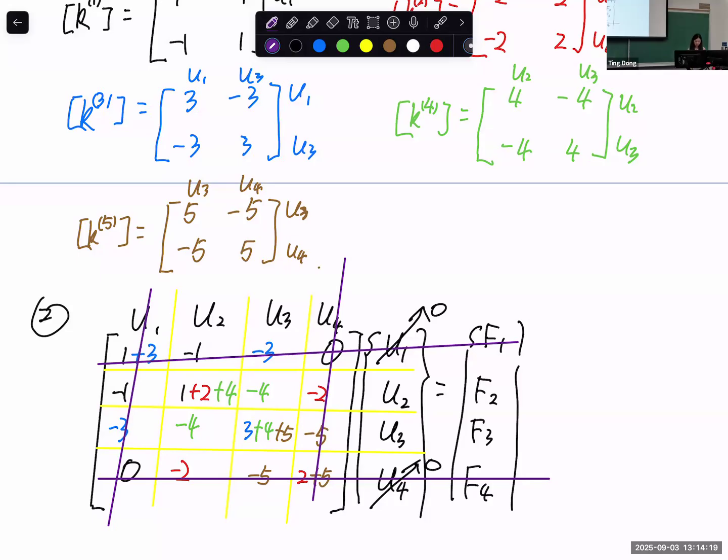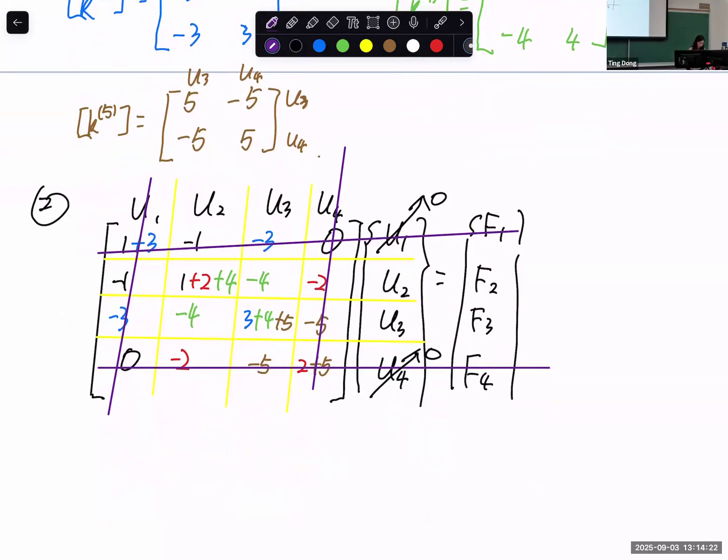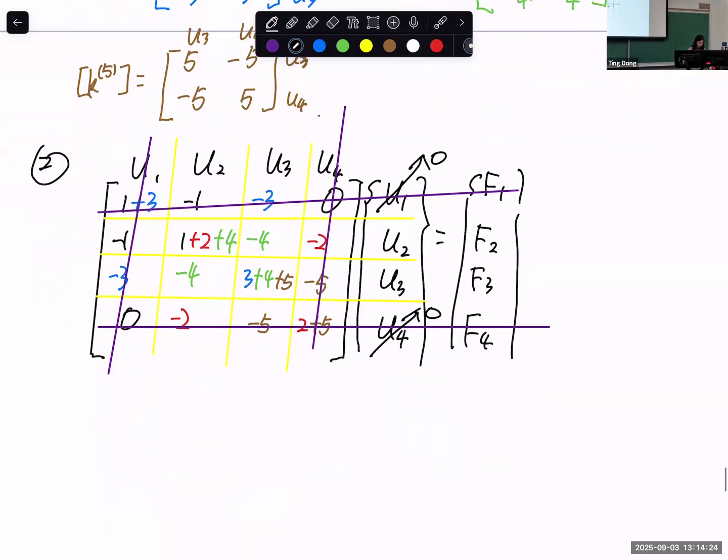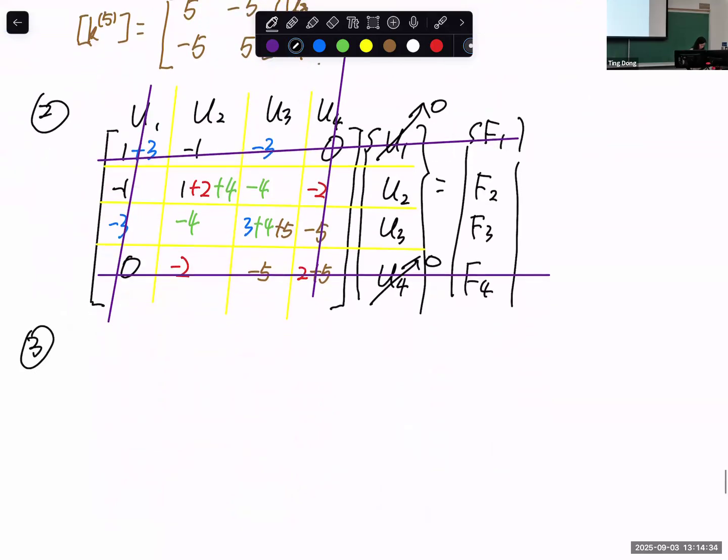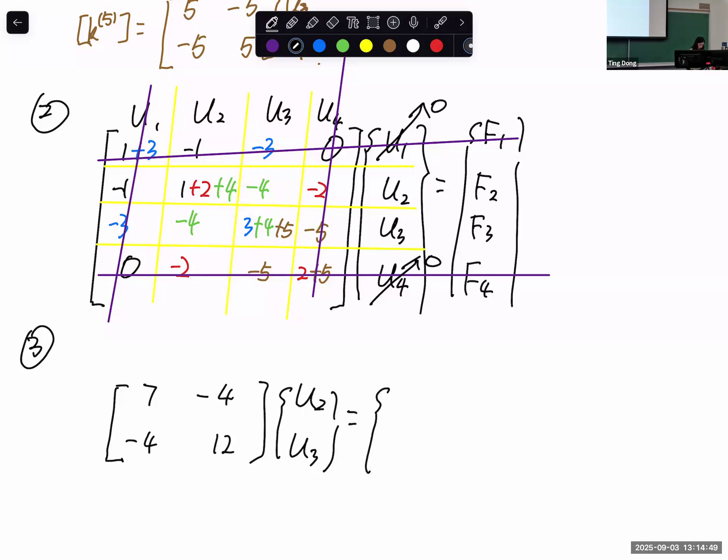Right. So now let's write this matrix equation after applying the boundary condition, and we can solve for our unknown degrees of freedom U2, U3. So it simply becomes 7, -4, -4, 12, times U2, U3. What should I put here for the force vector? What are the two components?